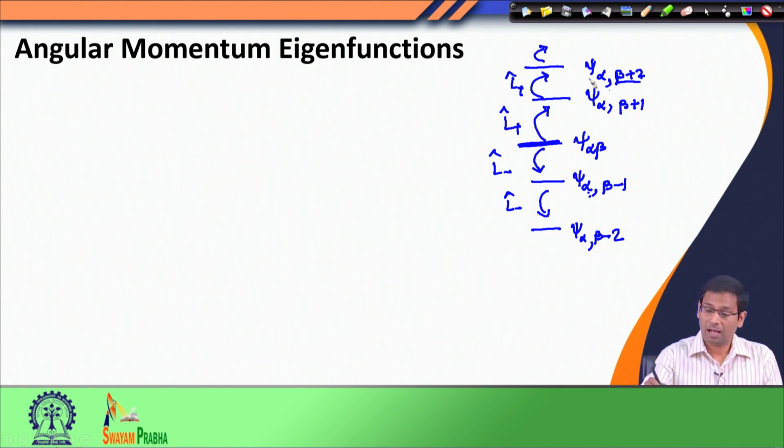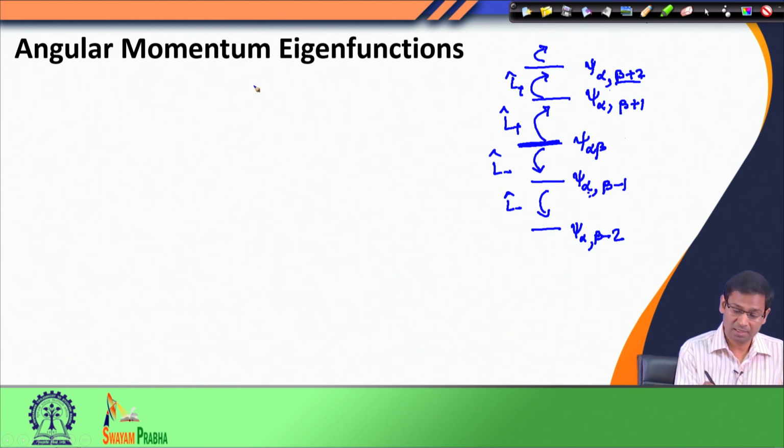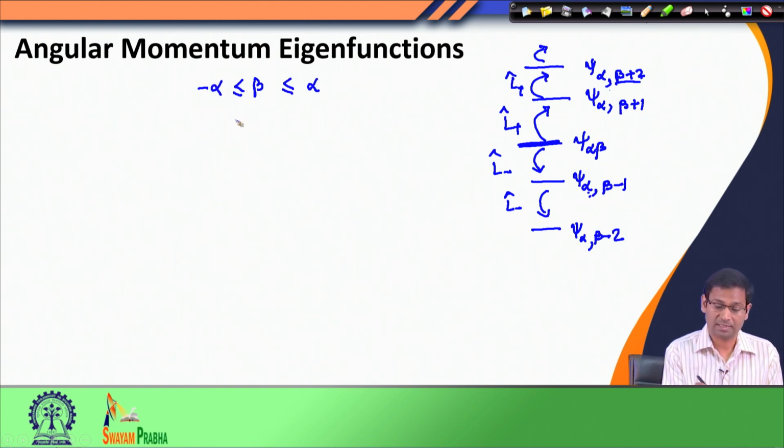Just to remind you, I still do not know much about alpha and beta, but something very important I already know is that beta is bound between minus alpha and plus alpha. This is what we had already obtained.